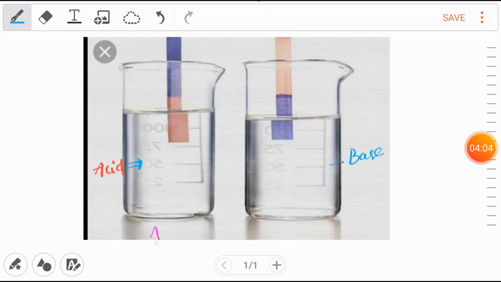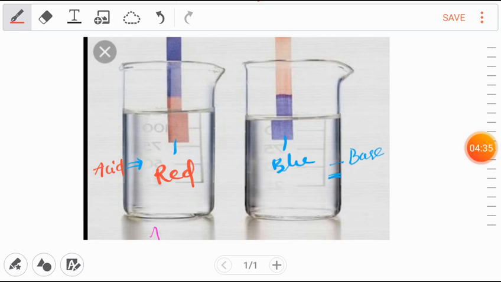This is acid, and here blue litmus becomes red. And this is base, and red litmus becomes blue in color. So this is the conversion, we can say.